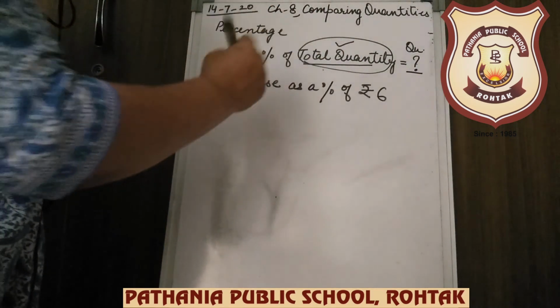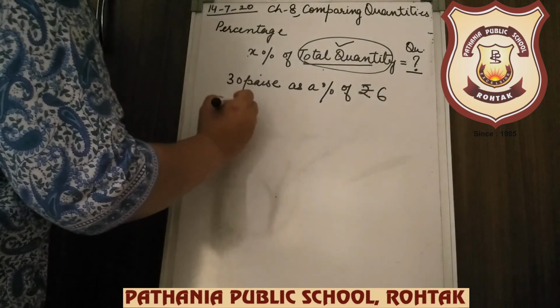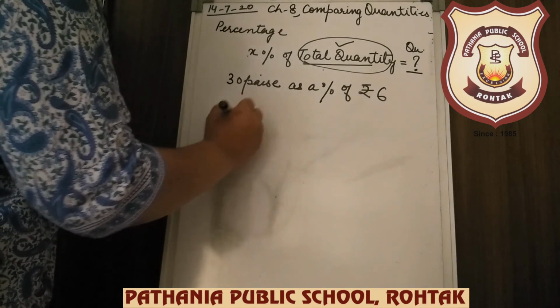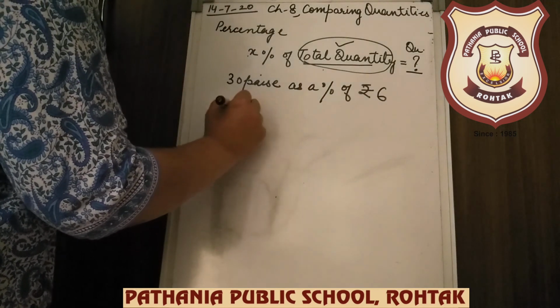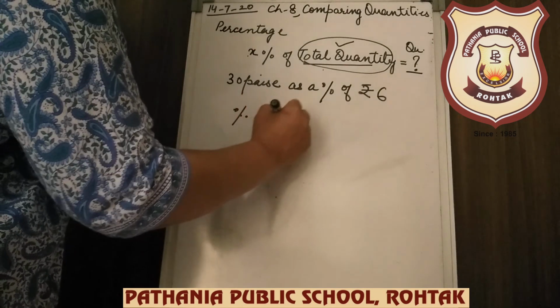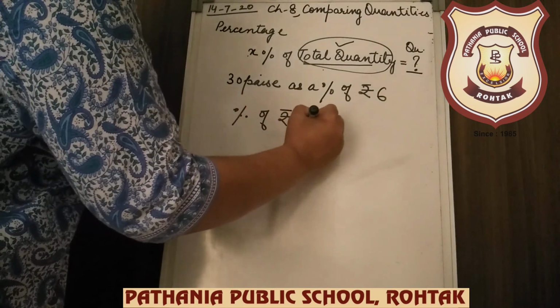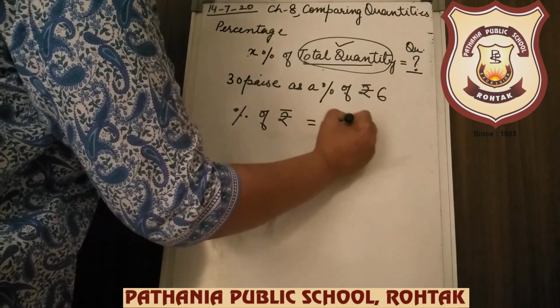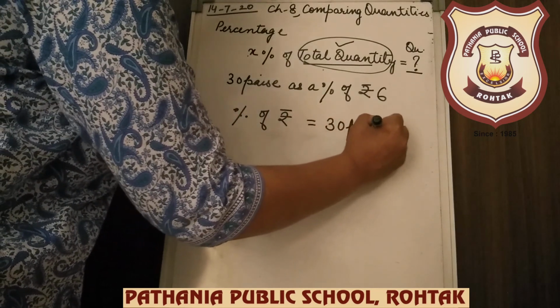Now if I write this in the statement form that I told you, percentage of rupee 6 is equal to 30 paise.